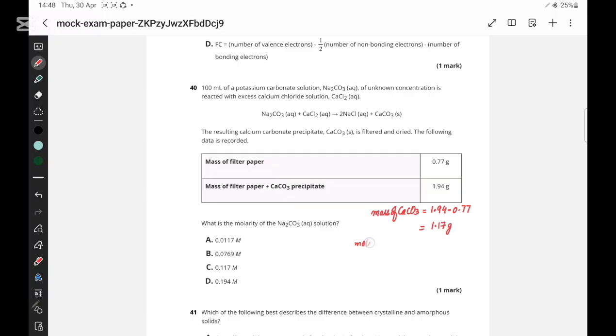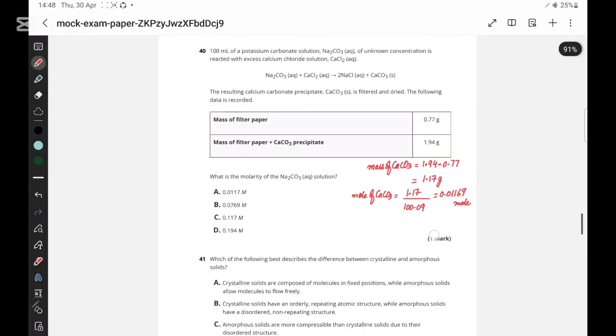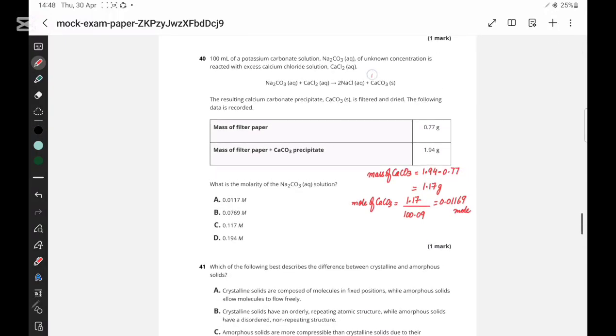And then the mole of calcium carbonate is going to be mass, which is 1.17, divided by molar mass, which is 100.09, and that comes out to be 0.01169 mole. And you know one thing, according to the ratio, it is 1:1 with sodium carbonate.